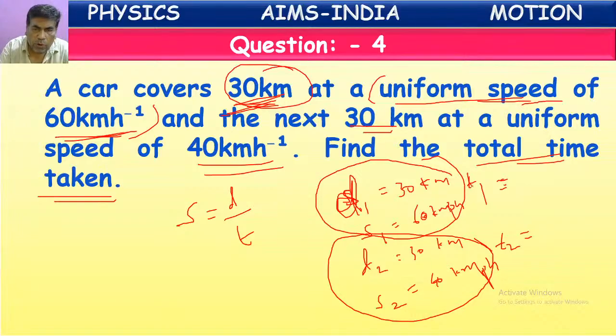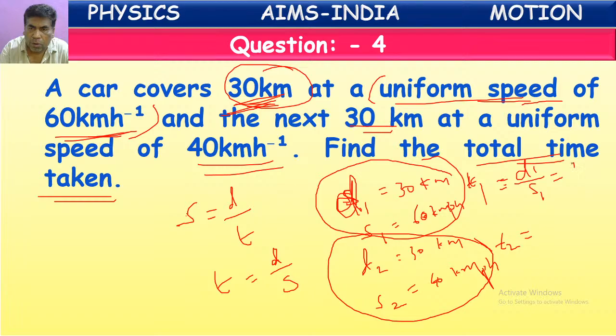But here we have to find time. So T will go here, speed will come here. So T1 equals distance by speed, D1 by S1.